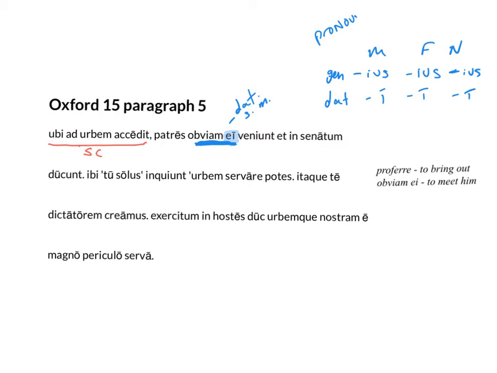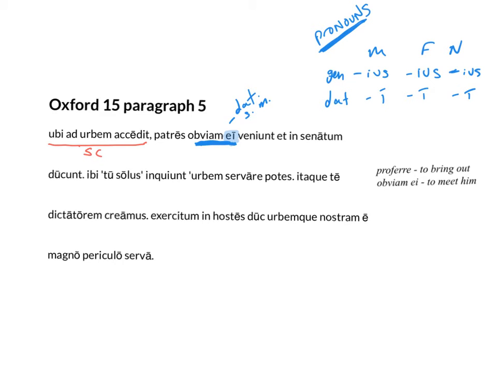It's easy to remember the exceptions to the rules, that the endings for all the other cases will look pretty similar to what you would expect from first and second declension, but the genitive and the dative get a little wonky for these pronouns. All right, so the senators come to meet him, and they lead him into the Senate.